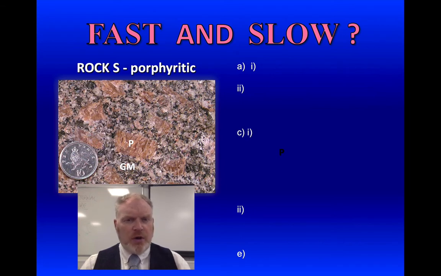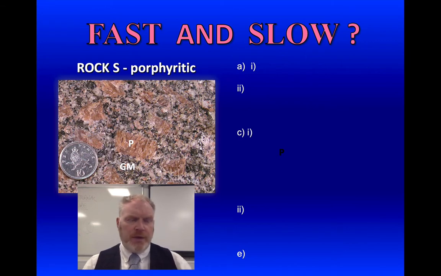Now this type of rock, or the texture of this type of rock, so the arrangement of the crystals within it, is described as being porphyritic. Now this is a word that we use in geology to describe what's going on within this rock. We'll come back to its meaning in a moment.